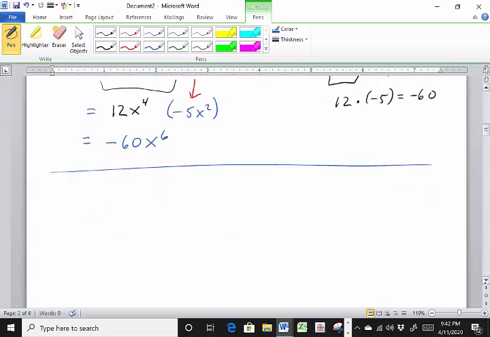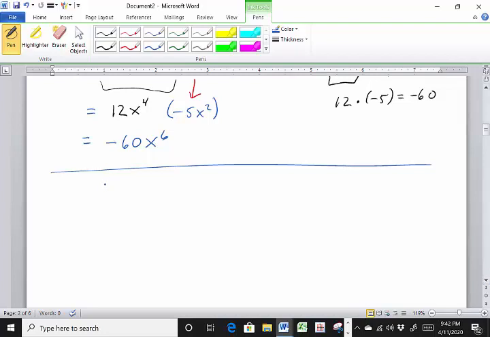What if I take a monomial times, let's just call it a polynomial. Could be 2 terms, 3 terms, 4 terms, whatever. So it could be a monomial times a binomial, a monomial times a trinomial, or just a monomial times a polynomial in general.